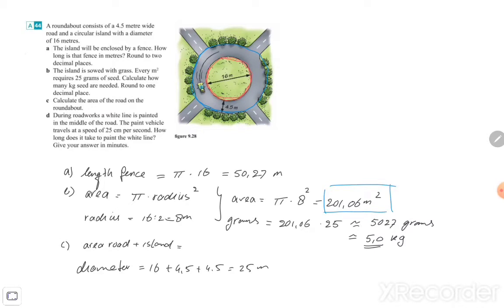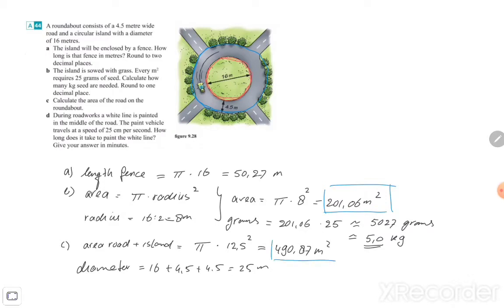So the area of the road plus island is pi times 34.5, because if the diameter is 69 meters, then the radius is 34.5 meters, and then to the second power is 3739,28 square meters.